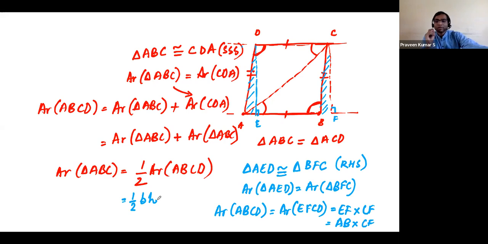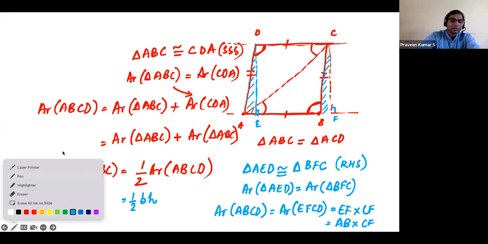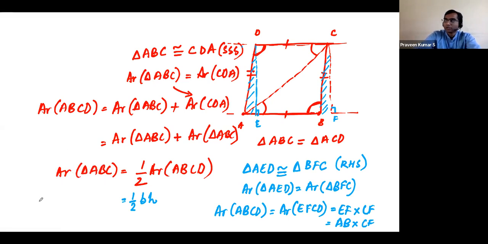Now, once you know one way of breaking down this complex shape into triangles and then looking at congruency and so on, there are usually lots of questions asked around mensuration using simple shapes such as triangles. So what you will be doing is, let's say you have a complex shape like this.